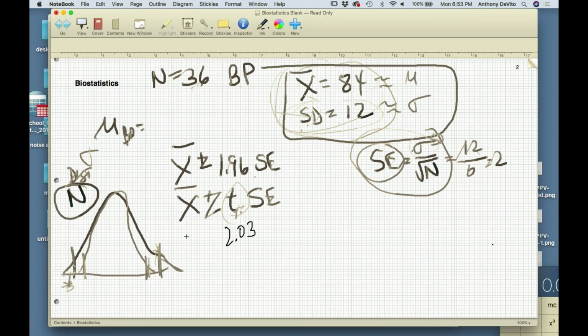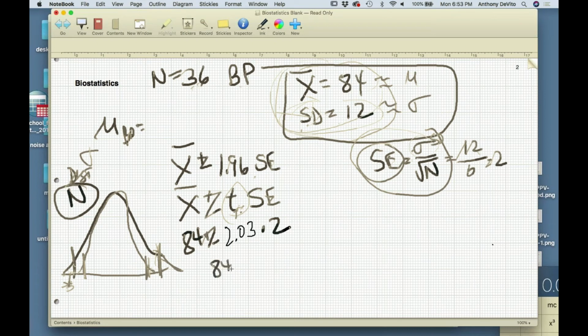So X bar is going to be 84 plus or minus 2.03 times our standard error, which is 2. Is this going to be wider or narrower than if I had used the z-score? Opinions? It's going to be wider, right? We're multiplying by a bigger number, so it's going to be wider than it would have been if I used 1.96.